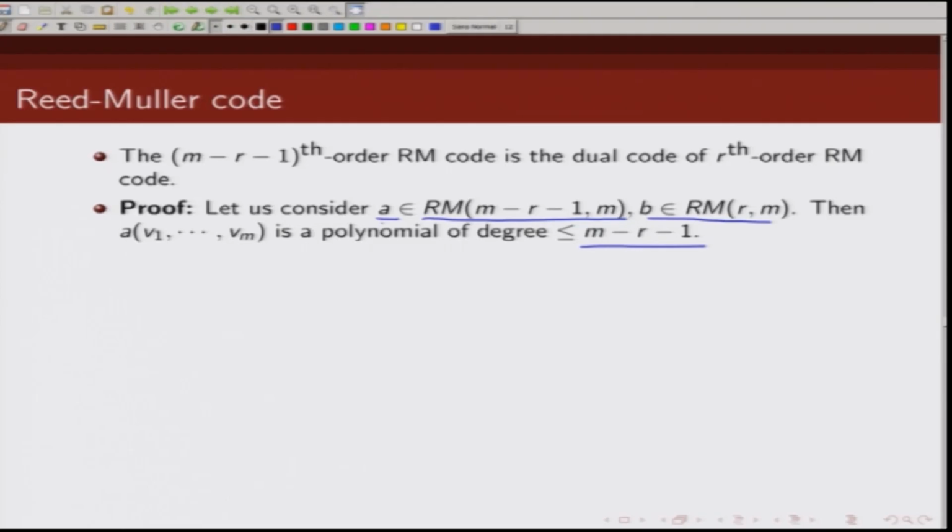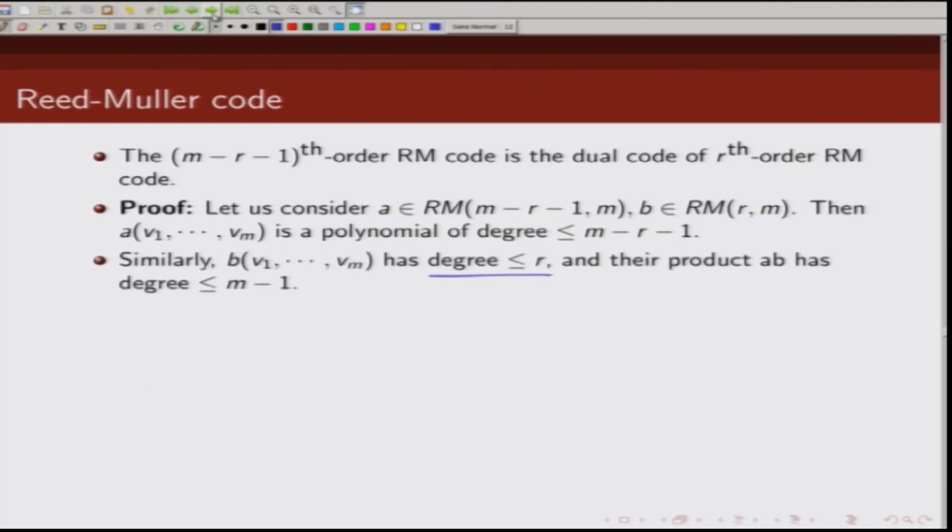So, let us consider code word A, which belongs to the m minus r minus 1th order Reed-Muller code, which is of length 2 raised to power m. And let us consider another code word B, which is from the Reed-Muller code of order r and length 2 raised to power m. So, A can be viewed as a polynomial of degree m minus r minus 1 or less, and similarly the degree of the polynomial B is less than or equal to r.